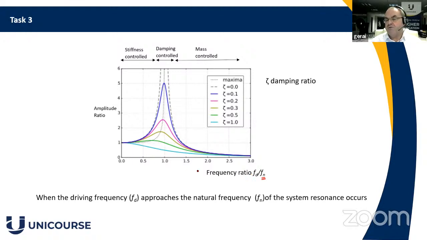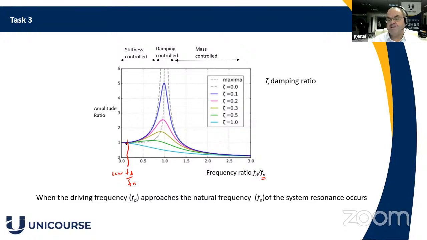So if we start off with a very low driving frequency compared to the natural frequency, that means we'd be down here somewhere. And what we'd find with a very low, so this would be a low value of FD over Fn.